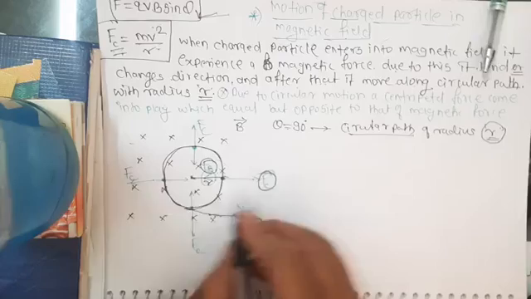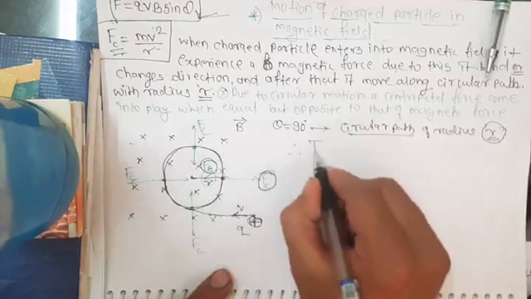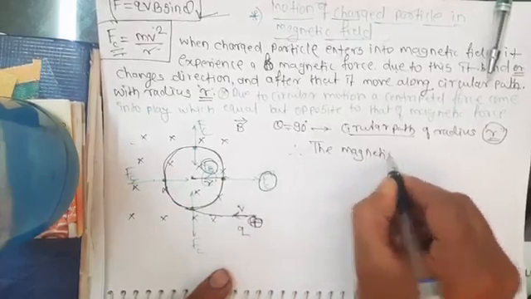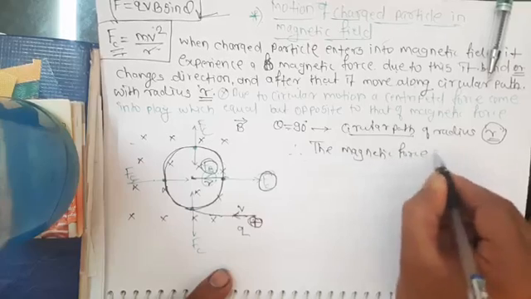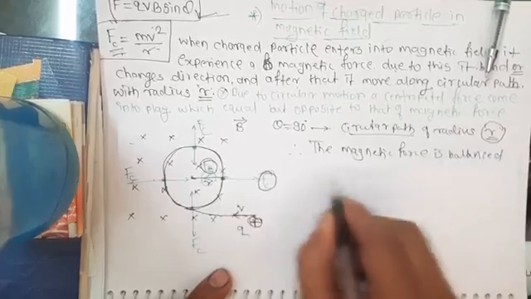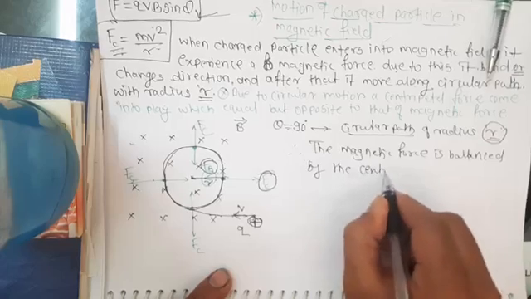So from this analogy you can say that the magnetic force is balanced by the centripetal force.